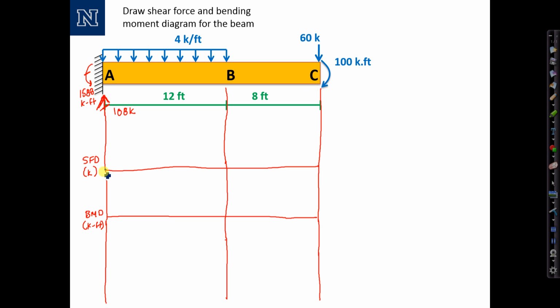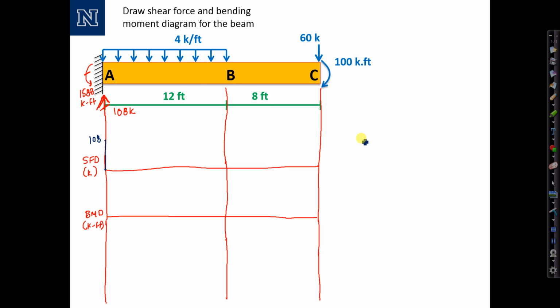Starting with end A, because the reaction 108 kips acts upward, the shear force diagram jumps up by a value of 108. Because we have a distributed load acting from point A to B, the shear force is going to be linear in that region, and with the distributed load acting downward, the shear force is going to decrease.